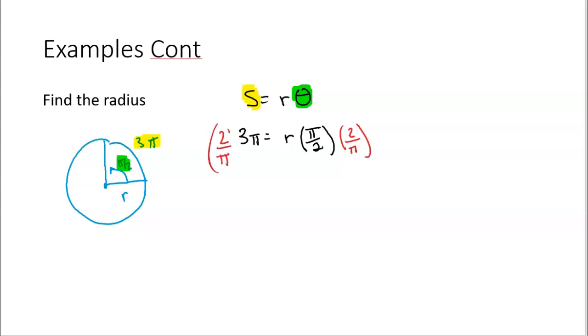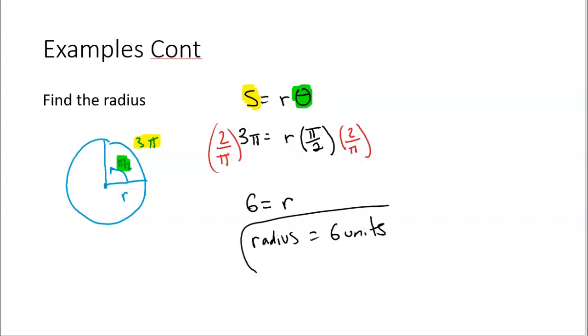The pi's will cancel away, 2 times 3, and that will leave me with 6 is equal to my radius. Now I didn't mention what my arc length was in, so we would just say the radius is 6 units, if we want to be specific in terms of our measurement.